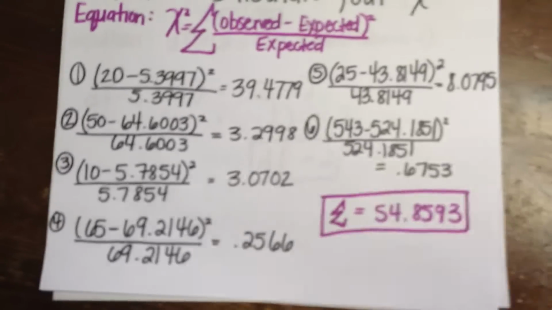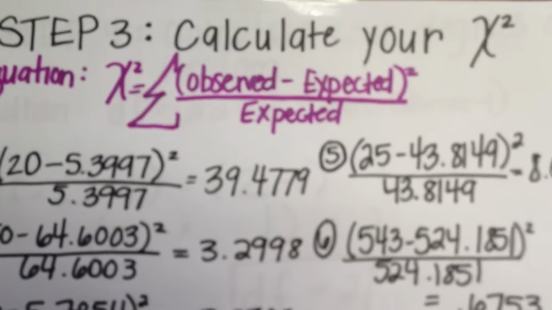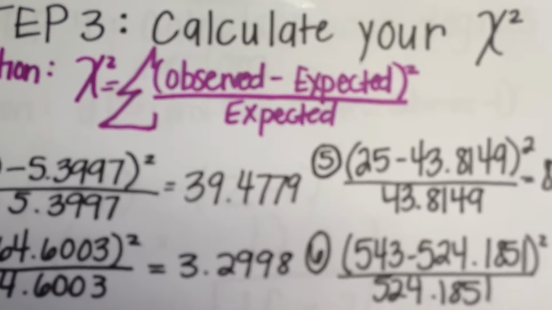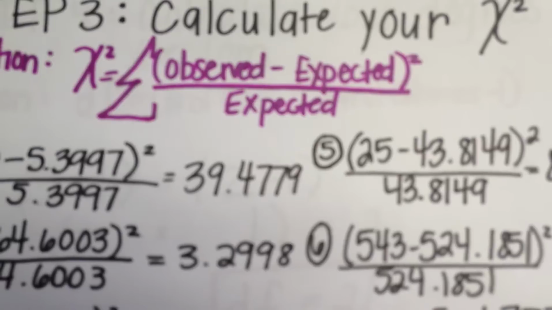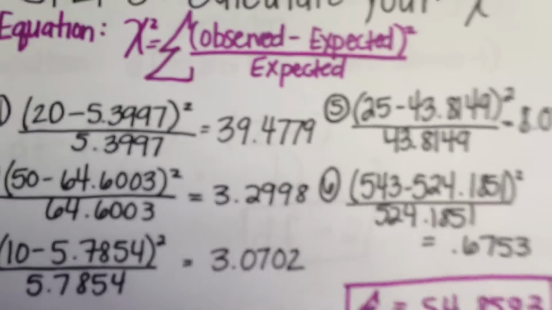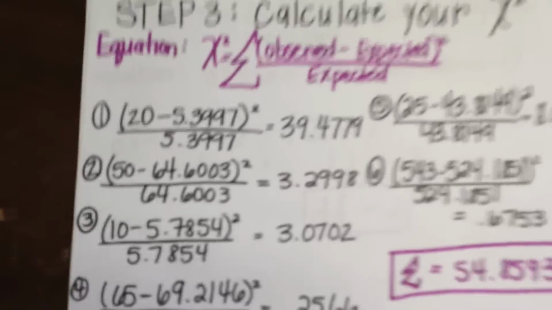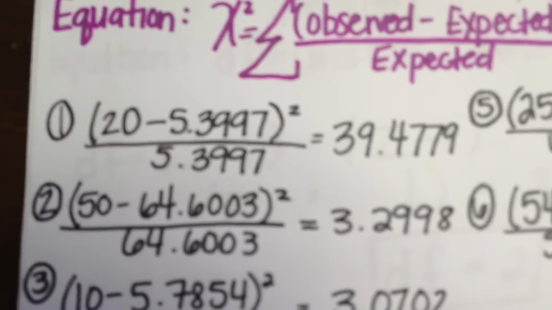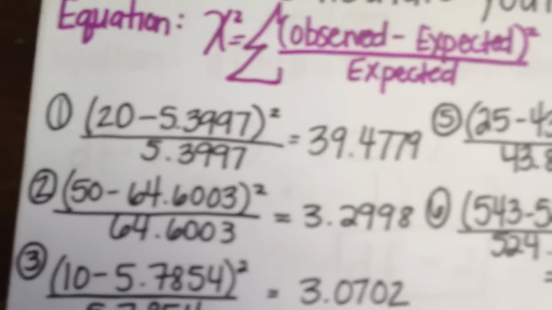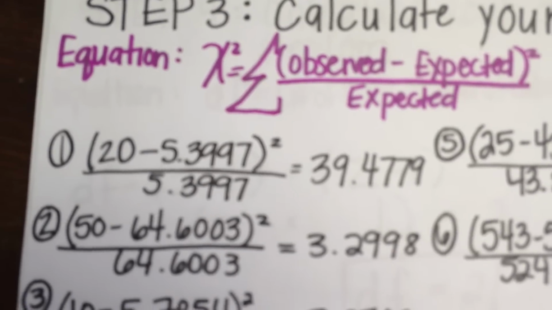Our next step, step number 3, is to calculate your chi-square. The equation for your chi-square is the sum of observed, which is our original data, minus expected, squared, over your expected. So you plug in the appropriate data: 20 minus 5.3997, you square the top row and divide it by 5.3997.